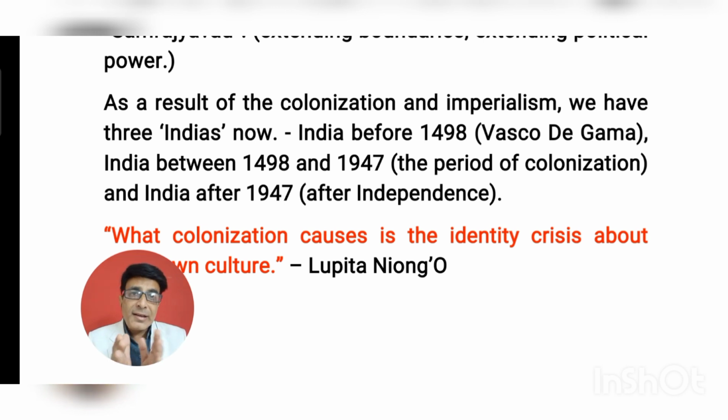And the second India that we see in the history is the India between 1498 to 1947, the period during which the Britishers lived in India. That is the second India in which we were influenced by their language, their culture, their religion. And the third India that we have today is the India after independence, after 1947.